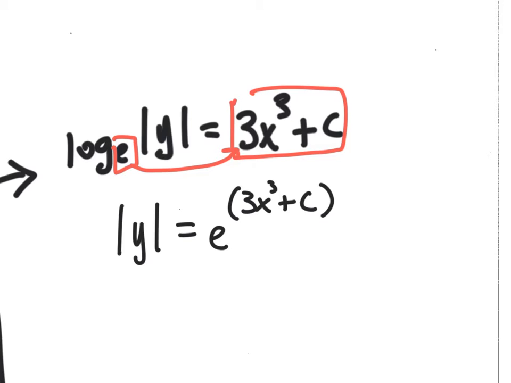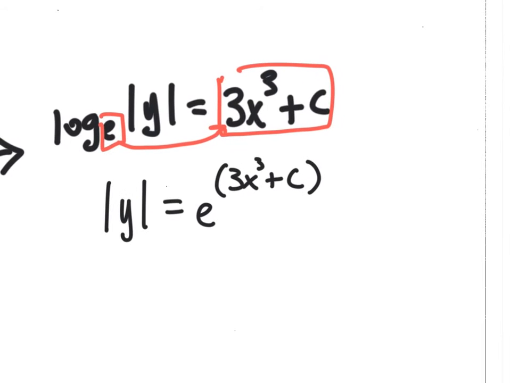Now, here's where this problem gets a little bit tricky, and I really want you guys to probably rewatch this part that I'm about to do. The first thing I'm going to do is notice something about what's going on over here. I have e raised to this quantity where I'm adding these two terms, 3x cubed plus some arbitrary constant c.